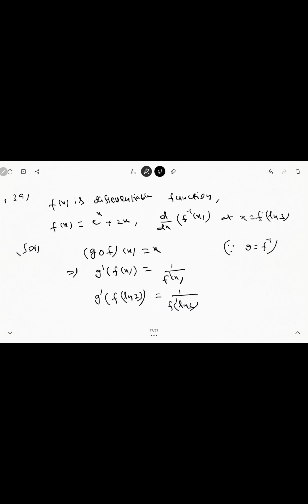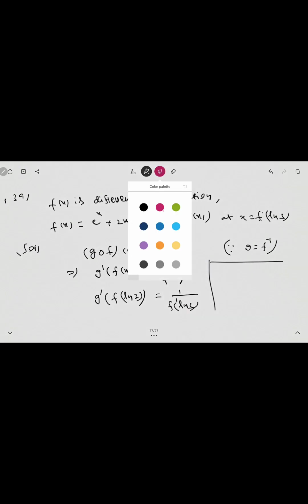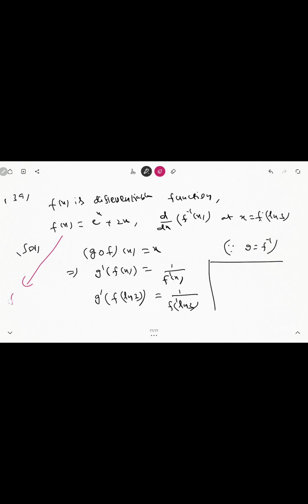Ln 3 means logarithm to the base e, you know it. So from this, you should differentiate separately: f dash x is equal to e power x plus 2. Substitute ln 3, f dash ln 3 is e power ln 3 is 3, plus 2, 5. So we are getting 1 by 5. Is it right?